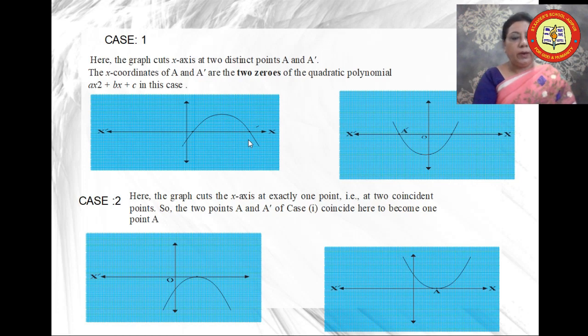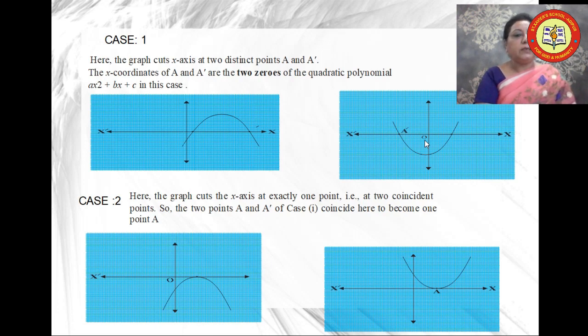Remember very clearly, when the coefficient of the variable x square is negative. That means the value of a. What is a here? It is the coefficient of x square. If the value of a is less than 0, that means negative, the graph will be open downward. And if the value of a is positive, then the graph will be open upward.